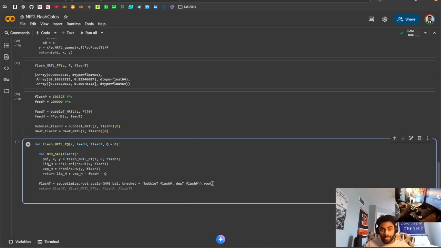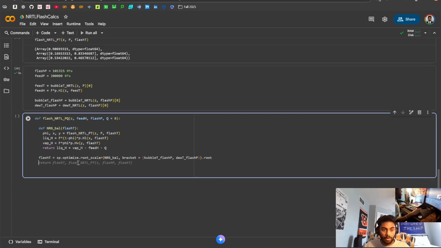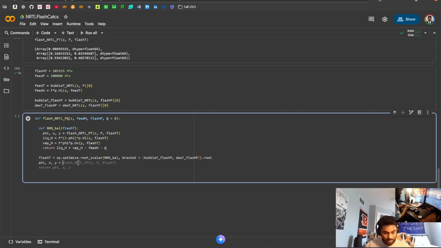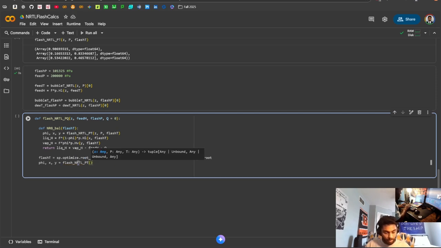And then given that flash temperature, we want to recalculate our values using our flash PT. So now we will reconstitute our phi, x, and y. So flash NRTL PT, and at this point we're going to be using our compositions.